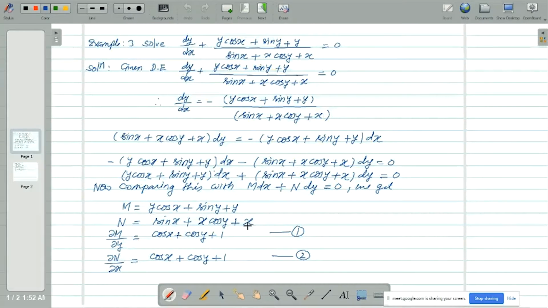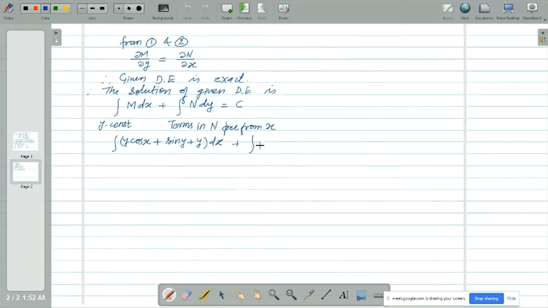And here is also an x, so there is no such term that is free from x. So we will take 0. We will take 0 dy equal to c.